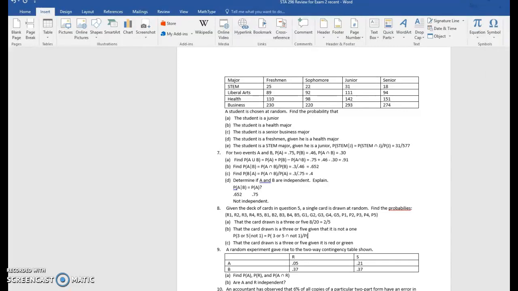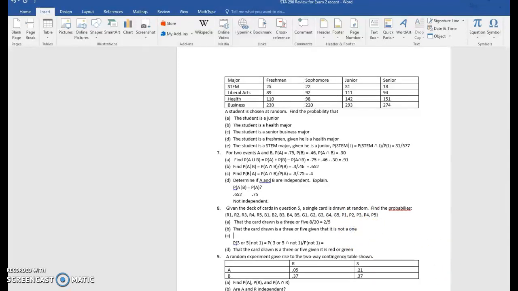divided by the probability of not 1. Okay, so I have a feeling we're going to get 1 here, but we'll see. Let's notice the probability of 3 or 5 intersected with not 1. It may help us beforehand if we list the event 3 or 5.